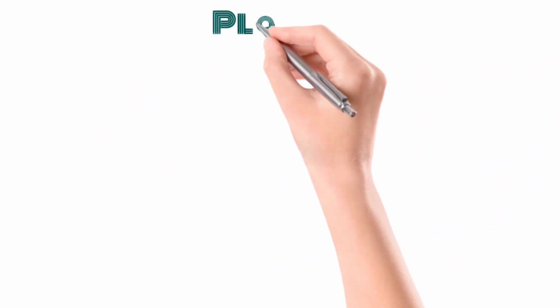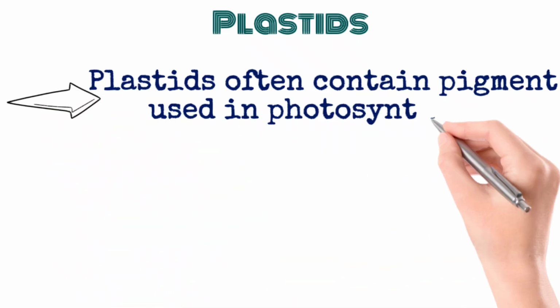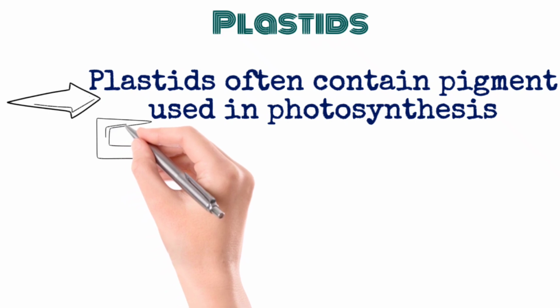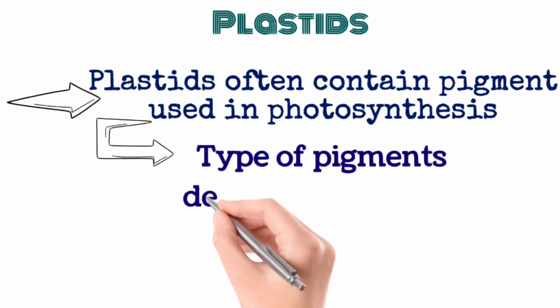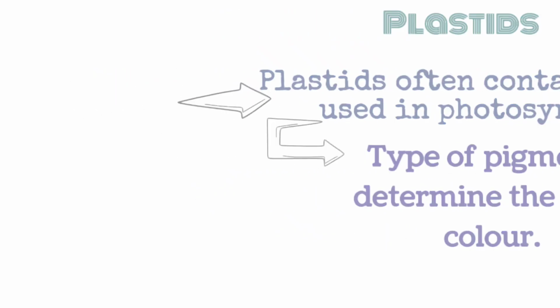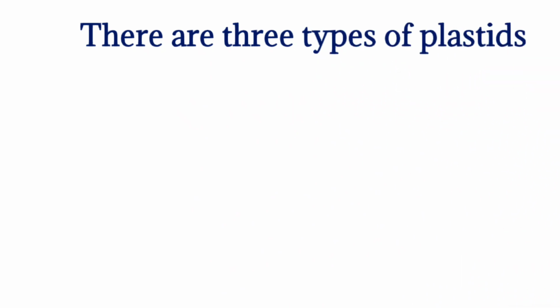We are discussing plastids that are found inside the cytoplasm of the plant cell. Plastids often contain pigments that are used in the photosynthesis. The types of pigments will determine the cell color. Plant cell color is determined by these pigments. There are three types of plastids.